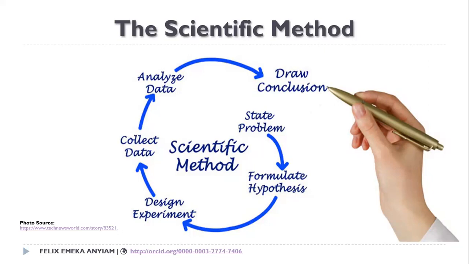So from that problem, you formulate a hypothesis. That hypothesis will be associating the prevalence of malaria with factors you think may be responsible. Probably you may want to associate the prevalence of malaria with their habits with insecticide-treated nets, with their habits of environmental cleanliness. Those are the hypotheses you may want to formulate.